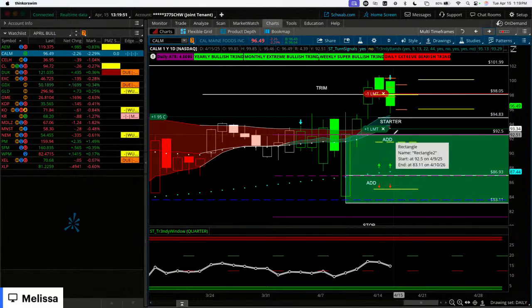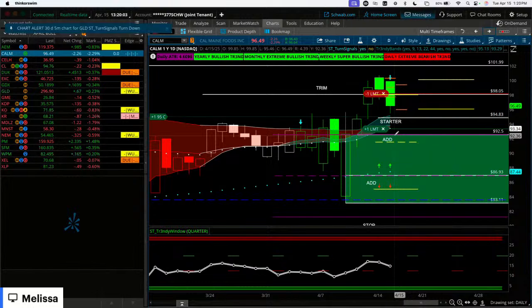Honestly, and I know this sounds crazy, but I would rather see price continue down for the next couple of days so that I can get fully allocated in this position.